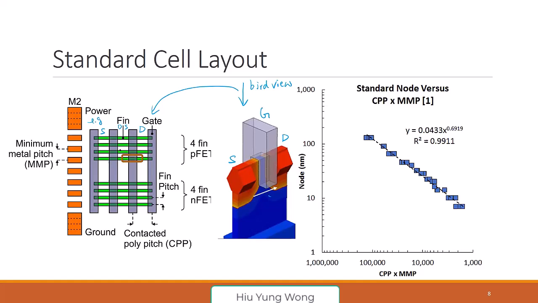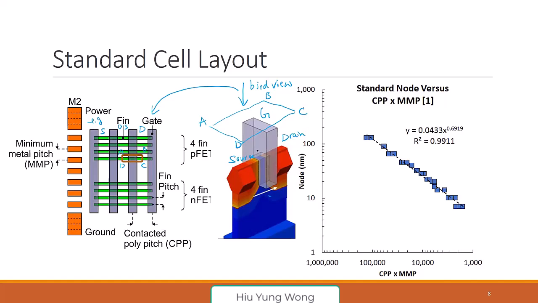So if I call this A, B, you see the corner here, C, D. I draw a square. Then it will be something like this is A, B, C, D. So this is looking at the layout from the top.